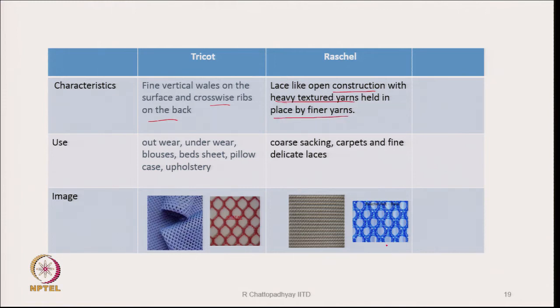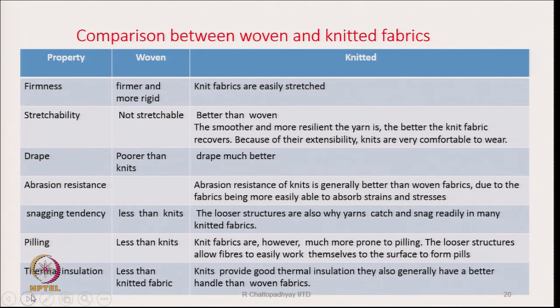Typical structures are shown here for raschel, and this is for tricot. The use is for outerwear, underwear, blouses, bed sheets, pillow covers. These are the various uses of tricot, and the other one is raschel. That design is also shown here, and it is used for carpets and fine delicate laces. The raschel type of warp knitting machines are used. So, this is how the fabrics will differ from each other.